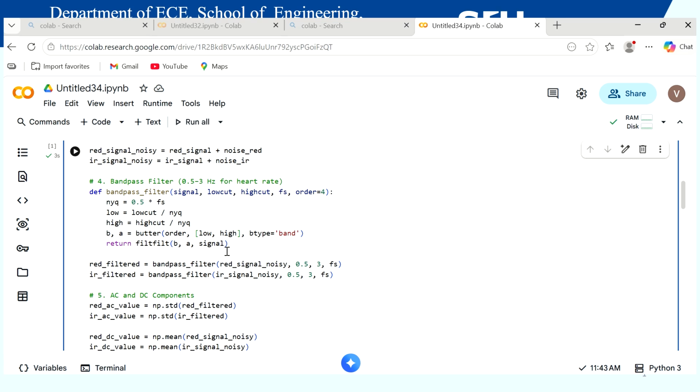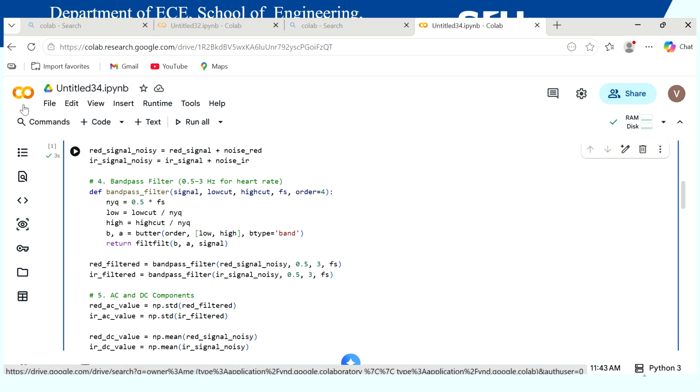So the normal human heart rate is 30 to 180 beats per minute. Because 3 into 60, 3 Hertz per second, so per minute means 3 into 60, 180. Same as 0.5 into 60 means 30 beats per minute. So only heart related frequencies are passed. That is why these frequencies are assumed as the lower cutoff frequency and higher cutoff frequency.